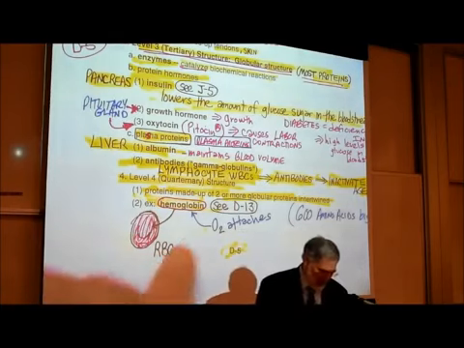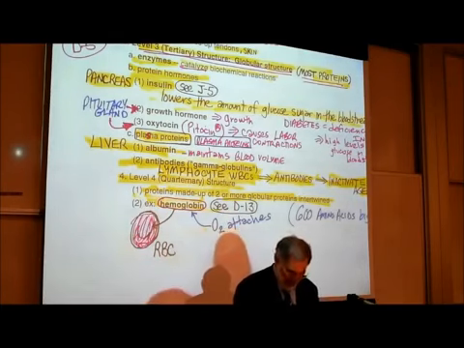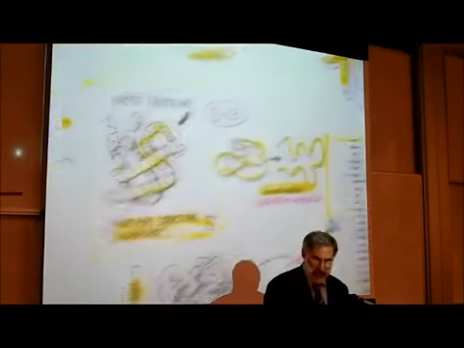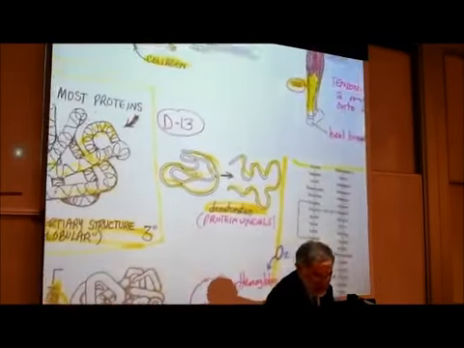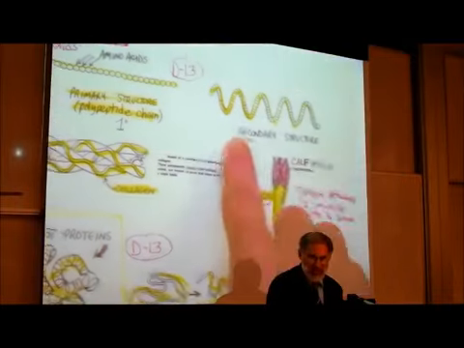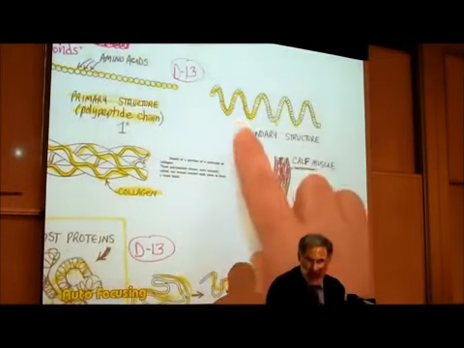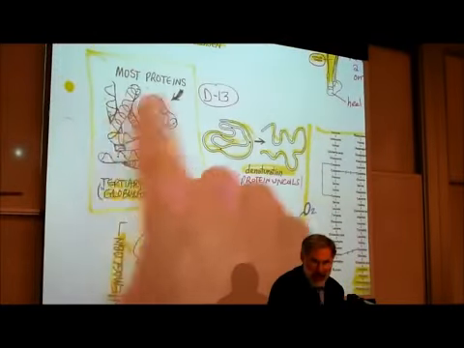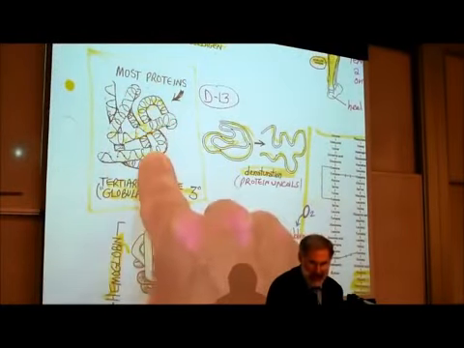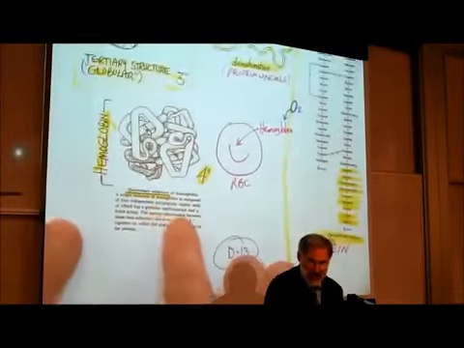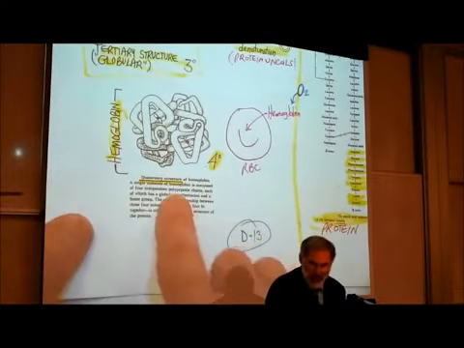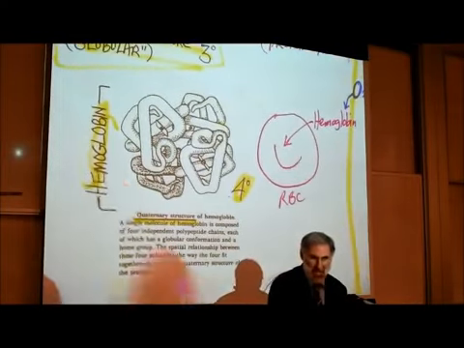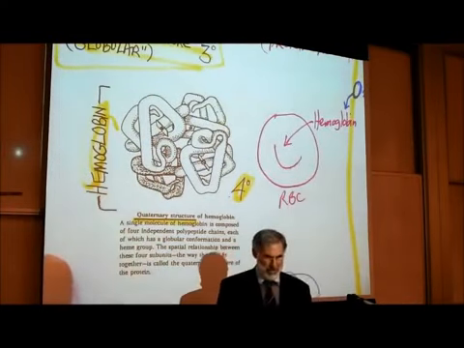To help us visualize this, let's look back on page D13. On D13, remember, we've talked about secondary structure proteins. We've talked about tertiary or globular proteins that look like a slinky. And now we want to talk about, at the bottom left, quaternary structure proteins. And an example of that is the protein hemoglobin.